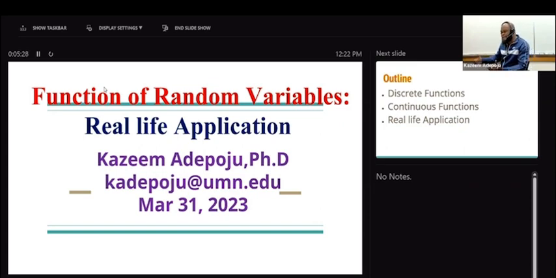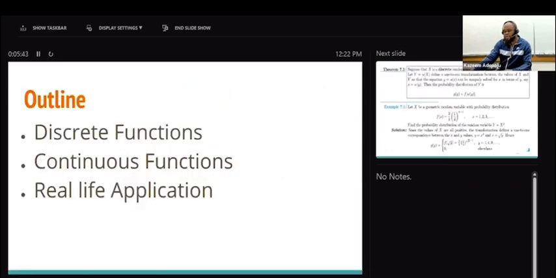Now we started the function of random variable. I actually call this the real life application of the function of random variable. The real life is basically going to come from the medical field, from physics and engineering, and from business.